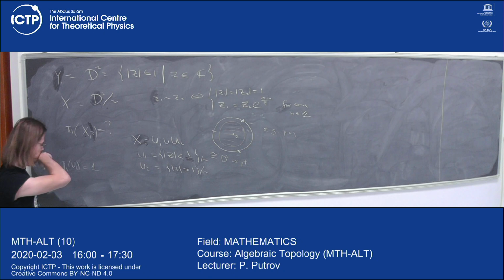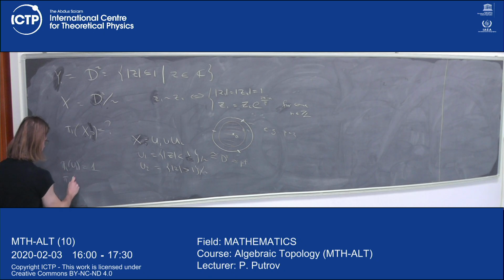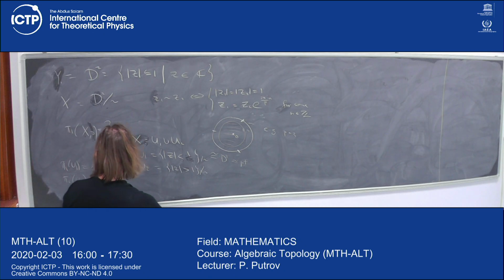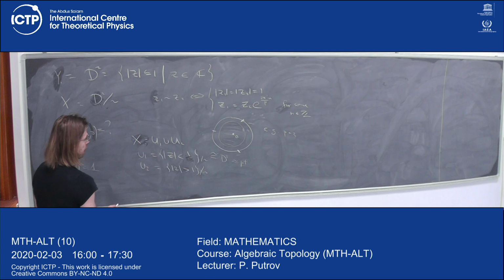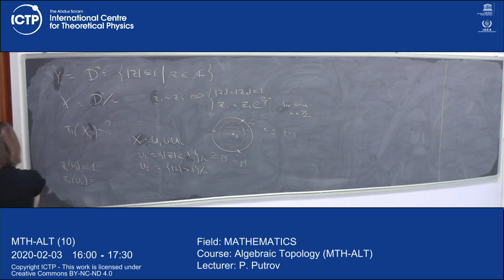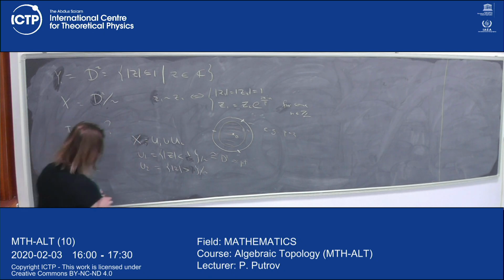Then pi1 of U2, what is this? It has to be punctured, greater than 0.